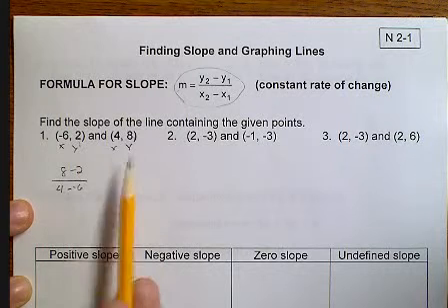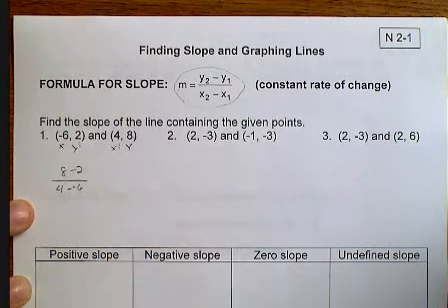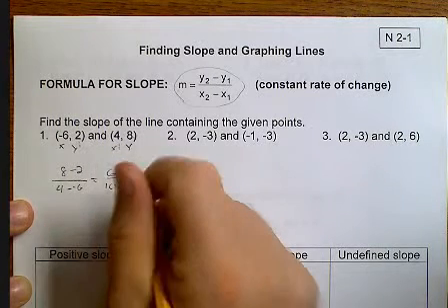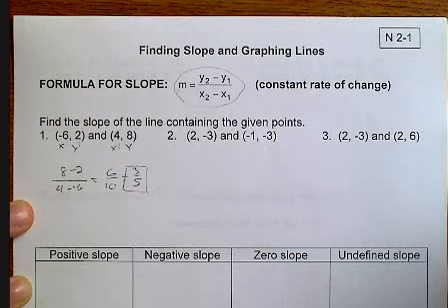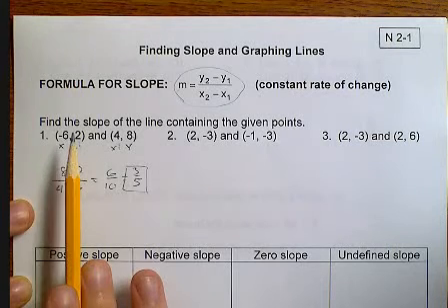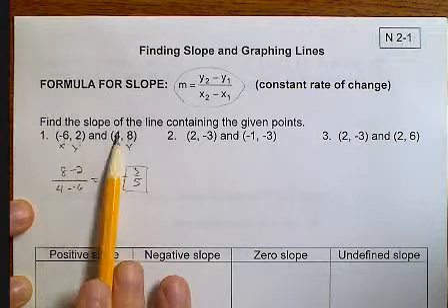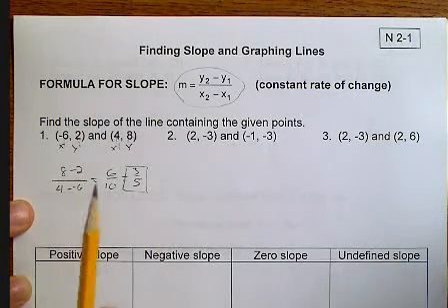So I made sure to use this x first, and then that x. This gives us 6 over 10, which simplifies to 3/5. Now, I could have done 2 minus 8 over negative 6 minus 4, and I would have gotten the same answer. The trick is you want to always make sure you start with the same point.